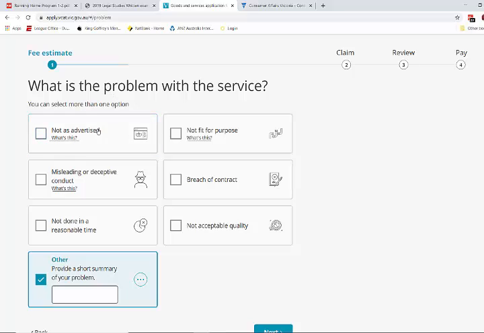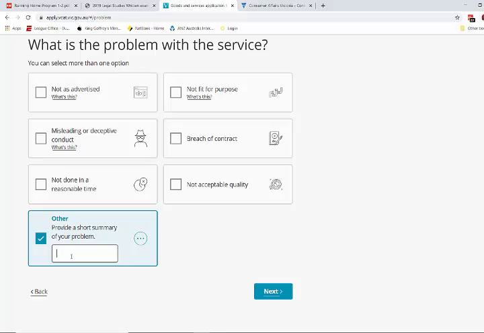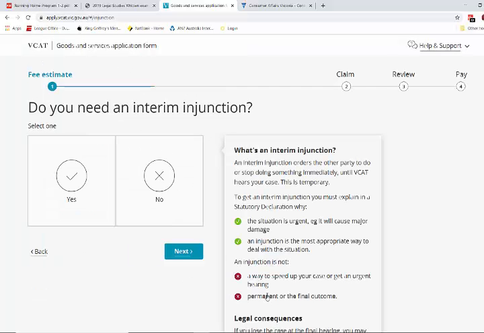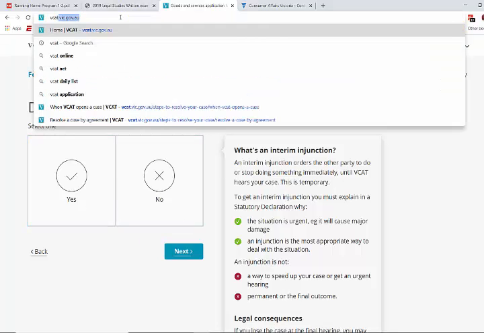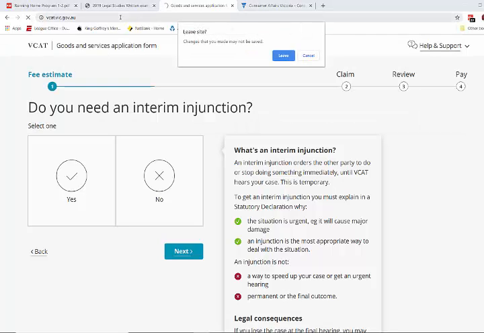What was the problem? I could say maybe not as advertised, but I'm going to say other, and I could write in here, they lost my address. Probably want to put in a little bit more detail. It asks you if you need an interim injunction and so on. So the application process itself is actually pretty easy.